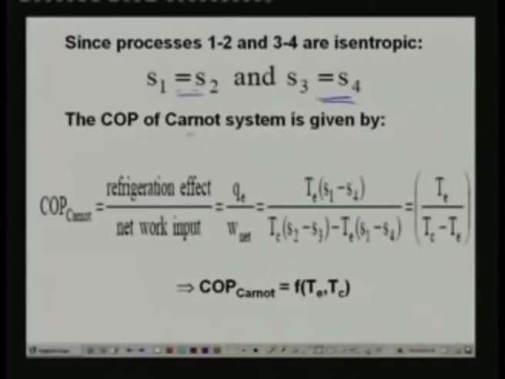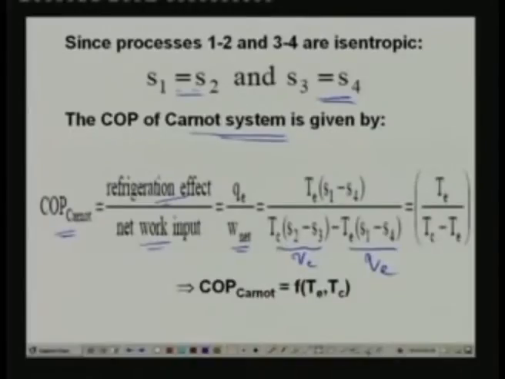Now, the COP of the Carnot system is given as refrigeration effect divided by net work input, that is QE divided by W net. W net is nothing but QC minus QE. All QE and QC can be written in terms of temperatures and entropy changes, that is QE is nothing but TE into S1 minus S4.